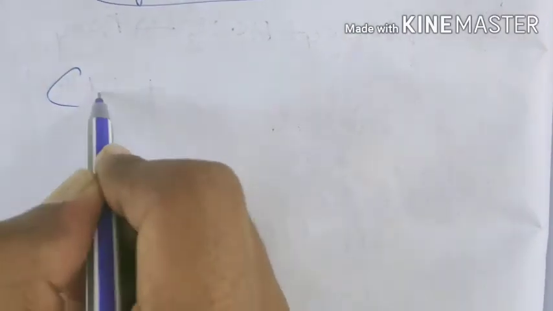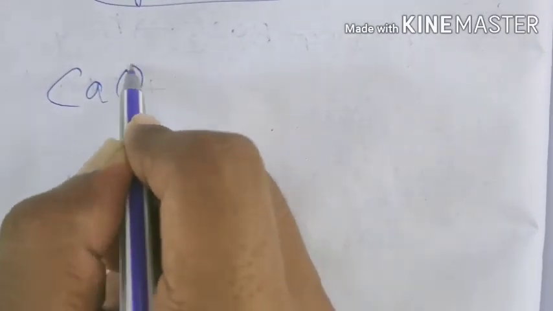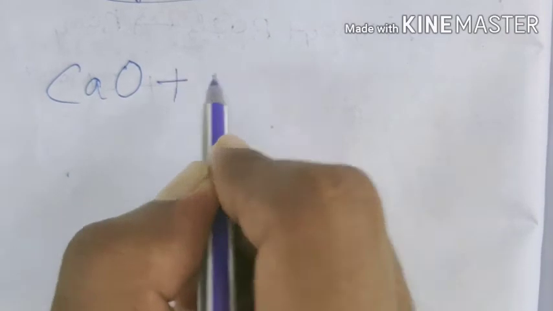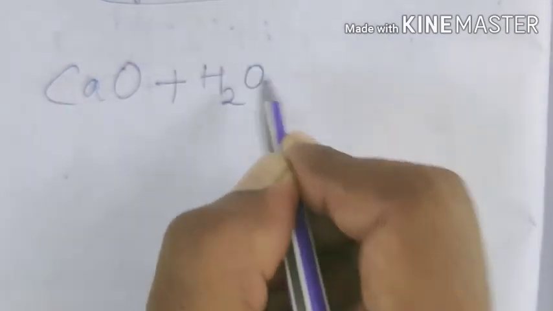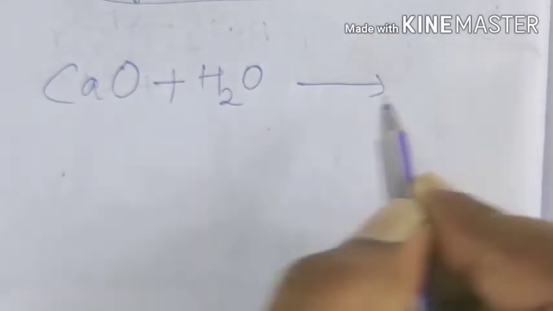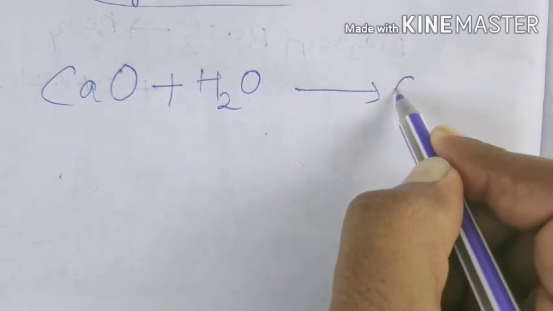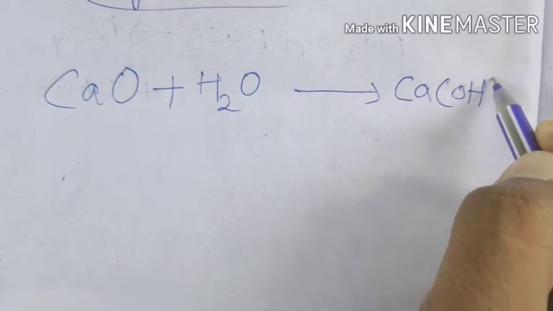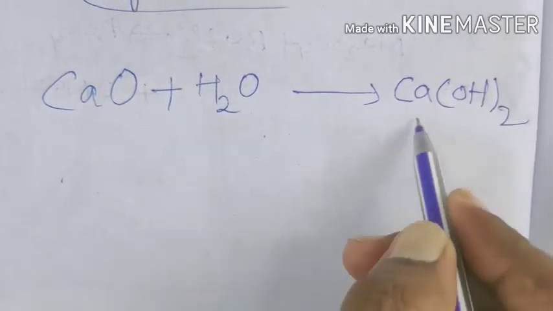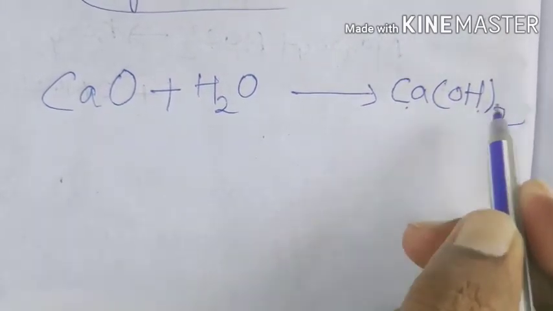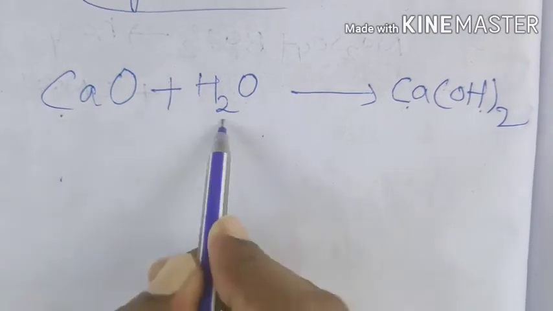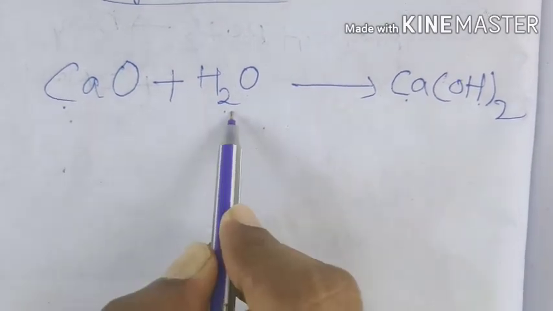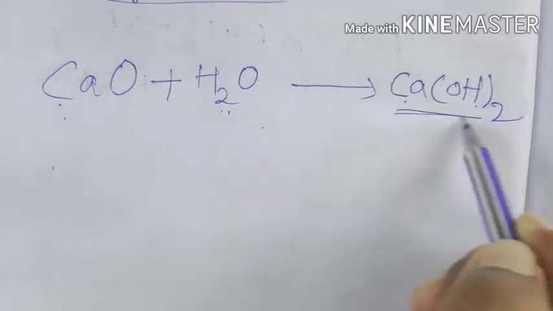Let's take an example. CaO is called calcium oxide. When it reacts with water, H2O, both combine to form a single product. That product is known as calcium hydroxide, whose chemical formula is Ca(OH)2. Here two reactants combine with each other to form a single product.